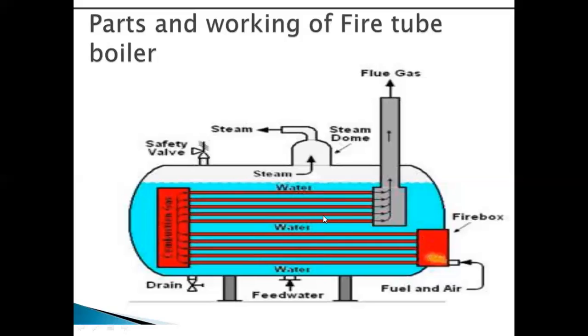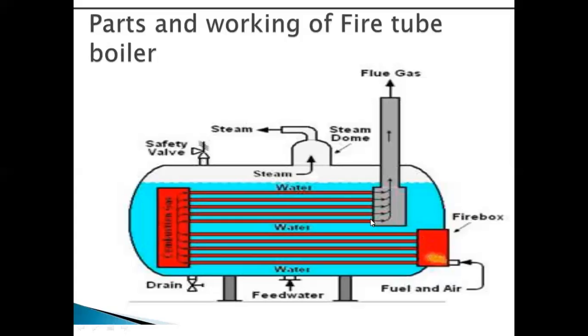That means the heat from the hot gases is transferred to the water. The water absorbs the heat from these hot gases, its temperature increases, and the water converts into steam.